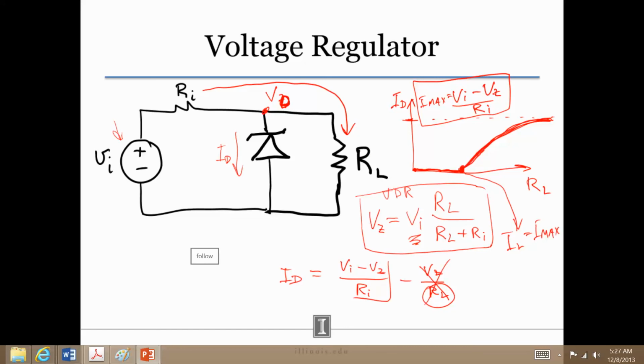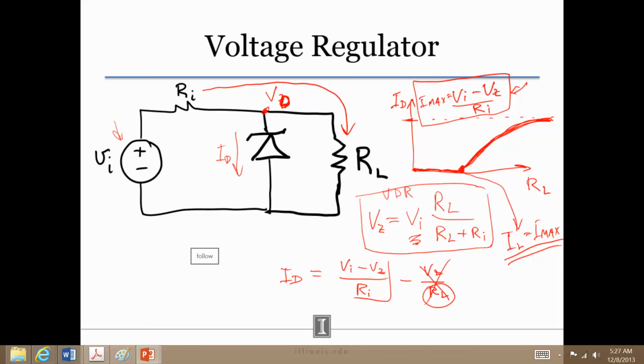Right? Because they're just related by subtraction. So whatever doesn't go through the diode goes through the resistance. Okay, so IL equals this I max that I just showed here, and there is no more current reserve in the Zener diode, and then we can't regulate the voltage anymore. Okay, so that's just kind of an alternative viewpoint. It's not really mathematically too different, but this is how you can think of it.